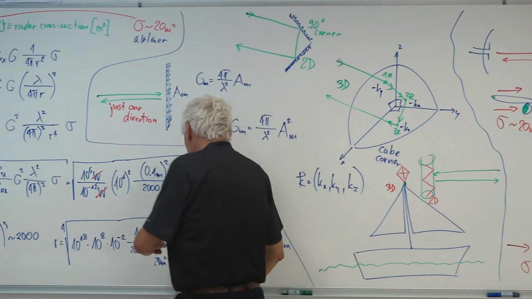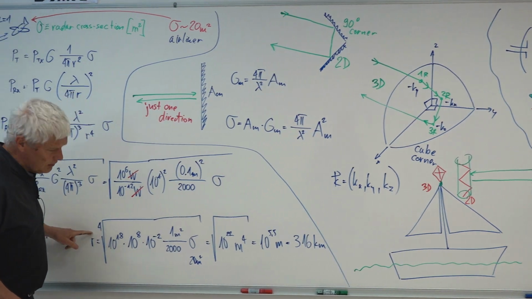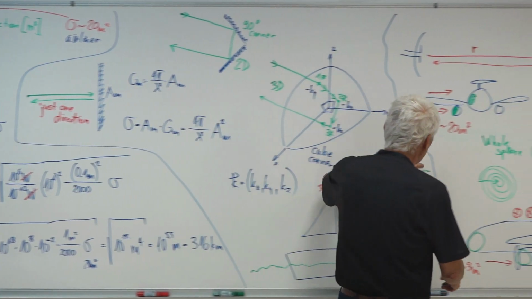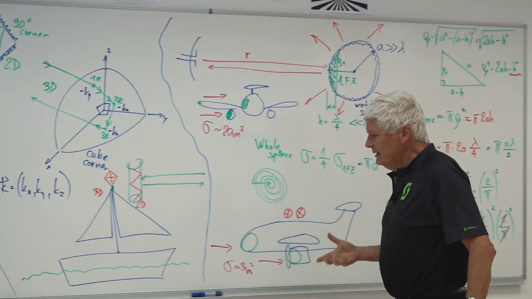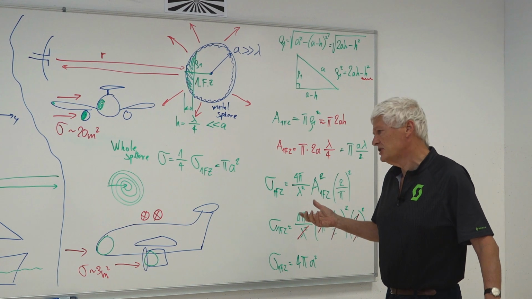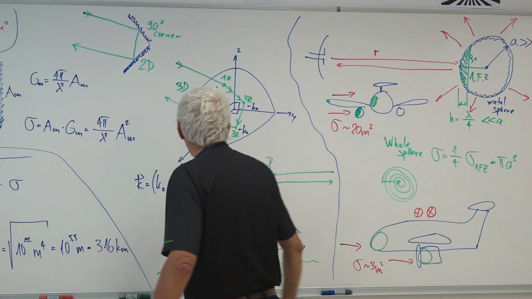And you see that sigma only takes place under the 4th root. So even if I change sigma by almost a factor of 10 here, the 4th root of 10 is 1.7. So you get very little range difference.